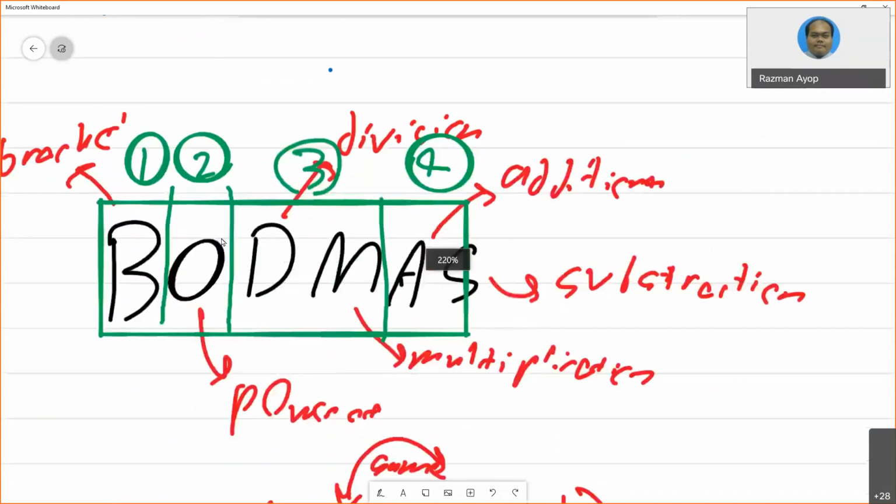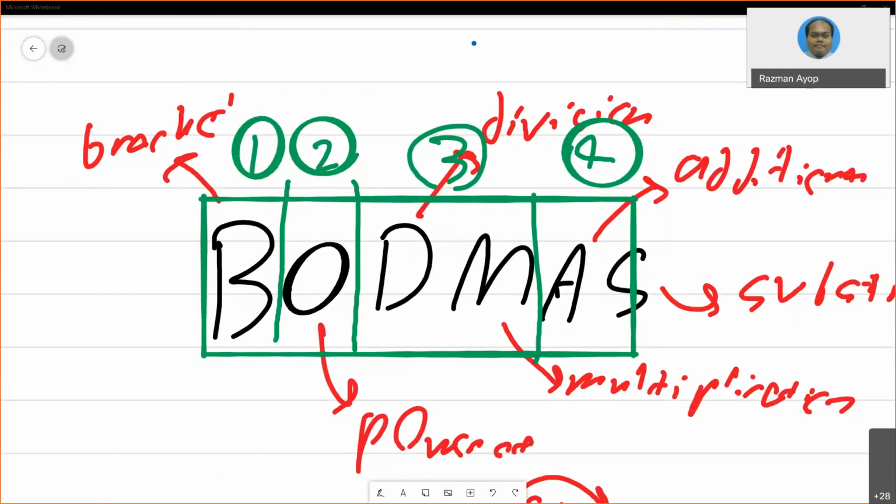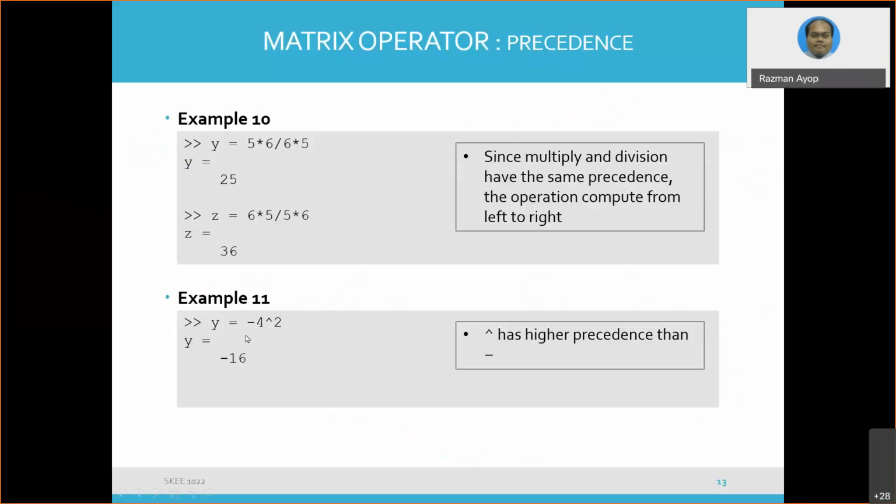Remember this: bracket first, power of then, and then division and multiplication, and then number 4 is addition and subtraction. Make sure you solve according to this law. So you can see here 4 power of 2, because you have to solve the power first, 4 power of 2 is 16, and then you put the negative, you get negative 16.